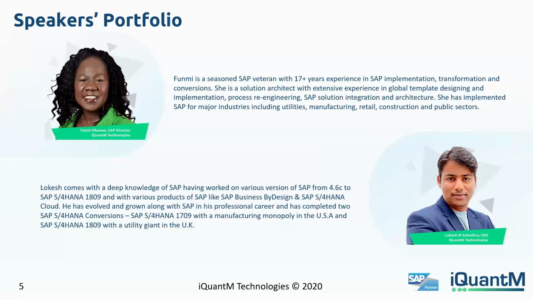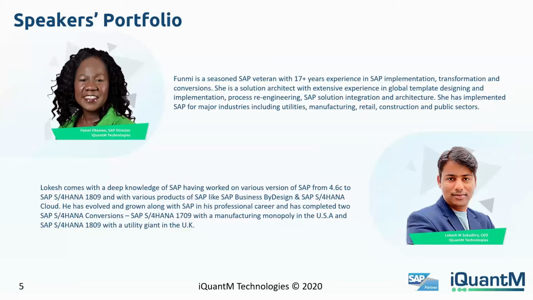Our CEO, Lokesh M. Supadra, is an SAP expert with a deep-rooted knowledge of end-to-end business processes and SAP products, right from the earlier versions of SAP ECC to SAP S4HANA and even mid-market ERPs such as SAP Business ByDesign. He has grown along with SAP in his professional career, and he has worked on multiple SAP S4HANA conversion projects.